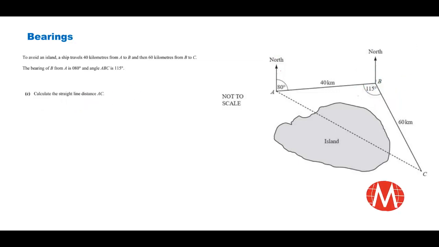In part C, we have to calculate the distance AC. If the ship goes directly from A to C, if there is no island, then what is the length of this AC? You can see here we have two sides and the included angle, so we will apply the cosine rule. I have applied the cosine rule formula here, and let's simplify and then take the square root, because we need AC.